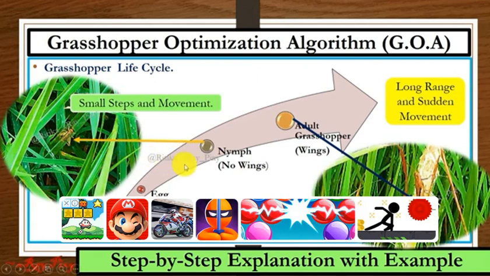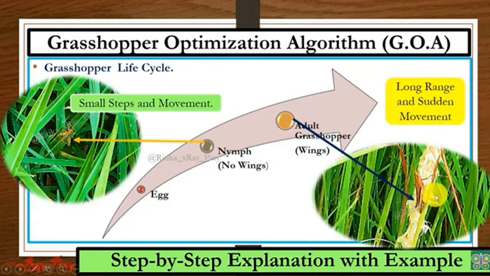In the nymph phase, they can make only small steps in movement, and in the adult stage, they have wings. They can make sudden jumps and they can cover long range as compared to nymphs.